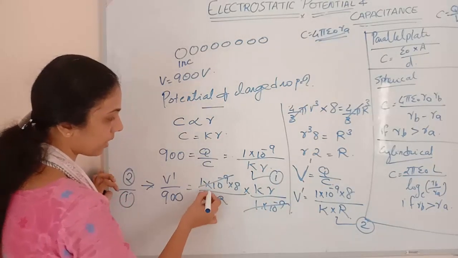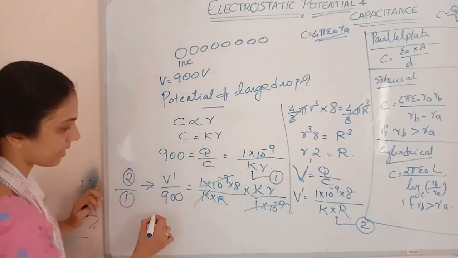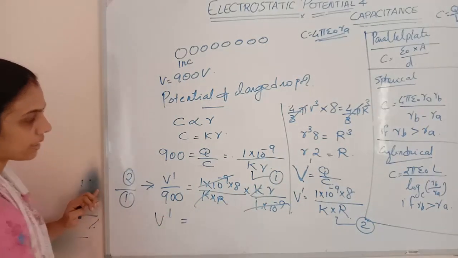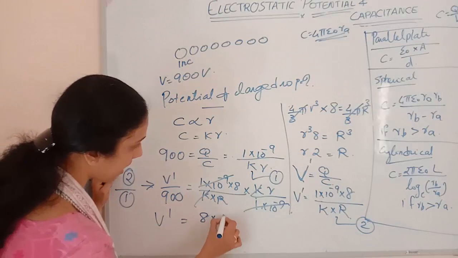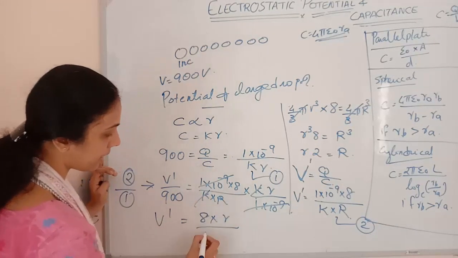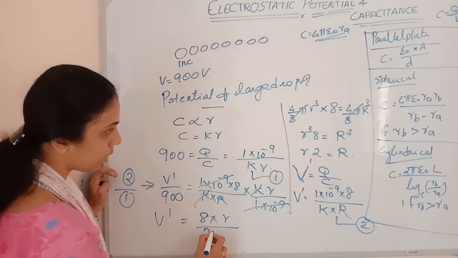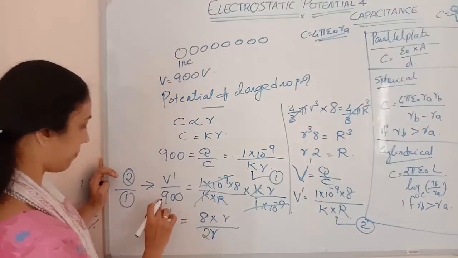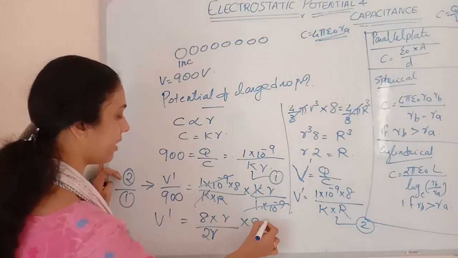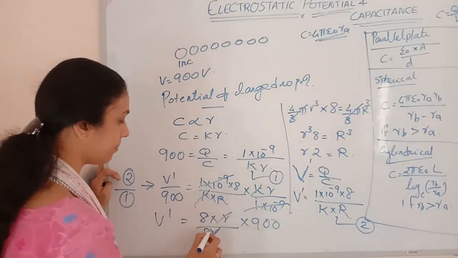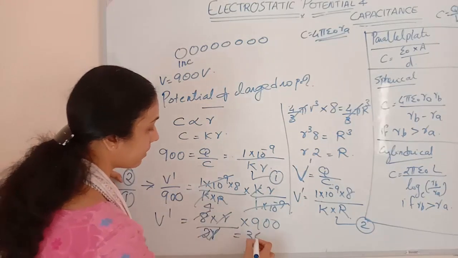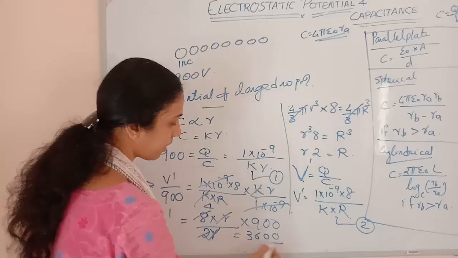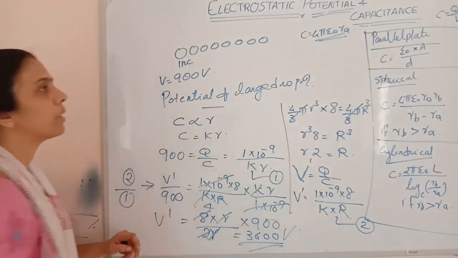So this and this will get cancelled, K and K will get cancelled. So we will get V dash equals 8R divided by capital R, that is 2 into small r into 900. We are getting it as 360. This much voltage. Okay, clear?